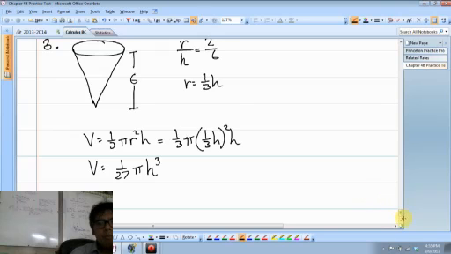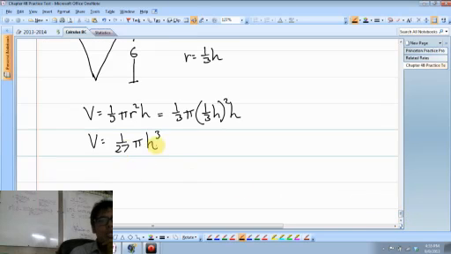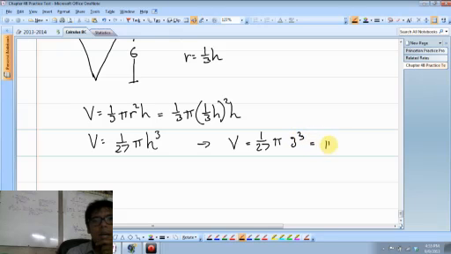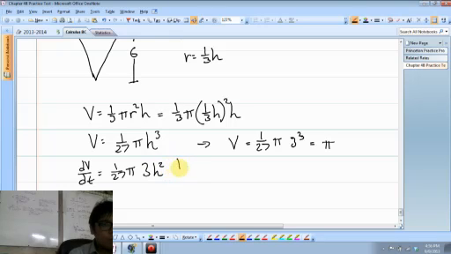Currently, h is 3, so the current volume is equal to 1/27 pi times 3 cubed, which equals pi. dV dt is 1/27 times pi times 3h squared times dH dt.